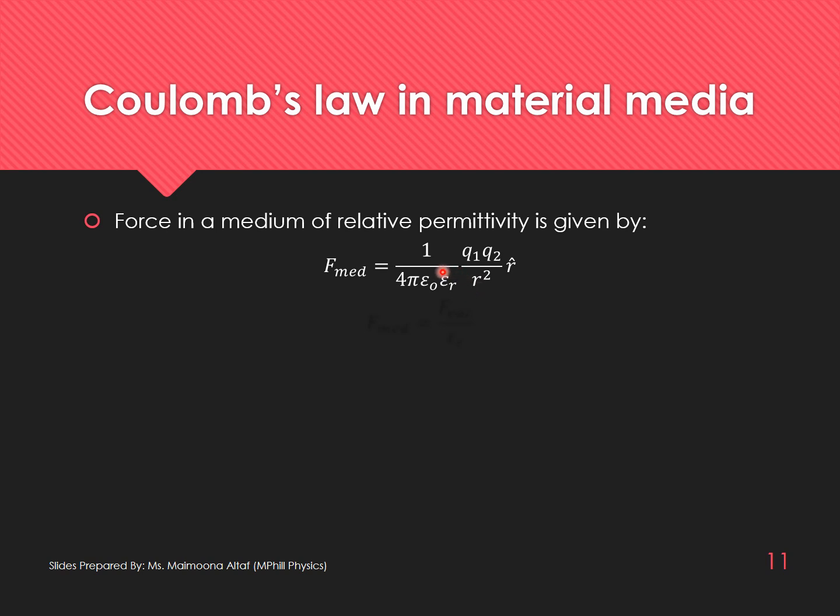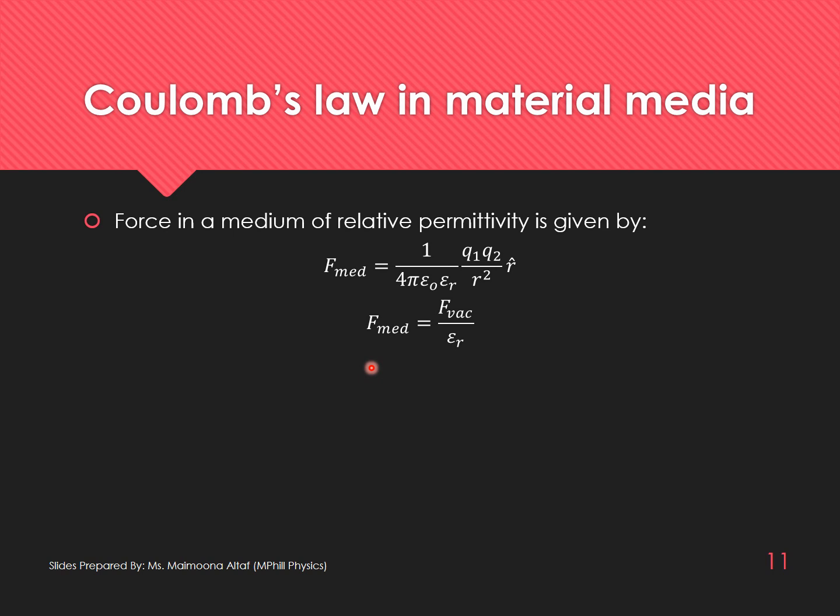So we can define the force in the presence of any medium as the force between the charges in vacuum divided by epsilon r. From this equation we can clearly see that the addition of an insulating medium reduces the effect of Coulomb's force, either the force of attraction or the force of repulsion.